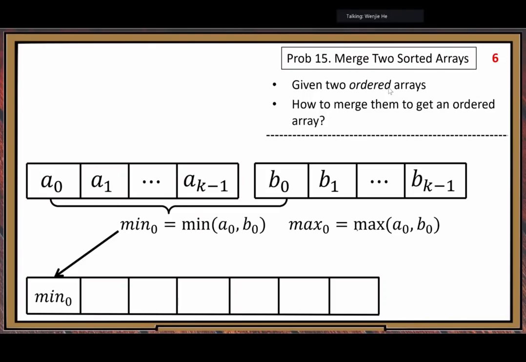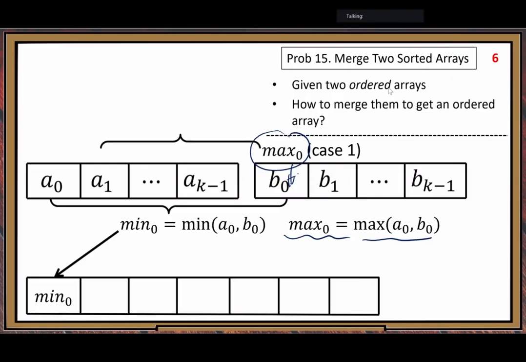All right. Then the larger one, this is the larger one. Here, I just show you the idea. If the larger one is this B0, then our next comparison, we compare B0 with A1. That's our second comparison. Then we have a smaller one and a larger one. The smaller one, we know we can put in place immediately.